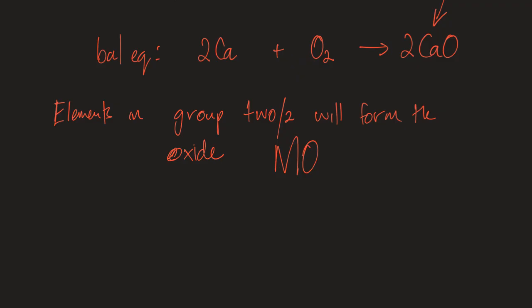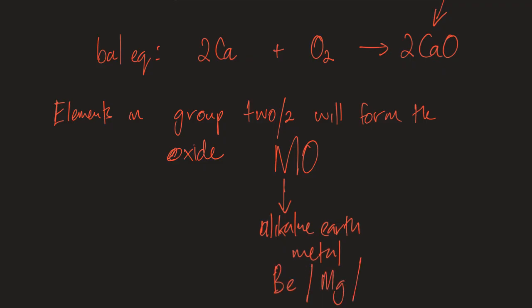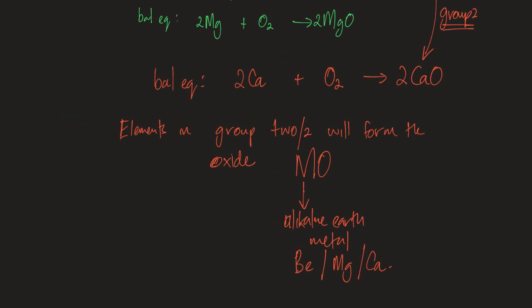That's on your worksheet as well, where this M stands for the alkaline earth metal, which can either be beryllium, magnesium, or calcium. And that's how you balance the equations for anything that's in group 2.